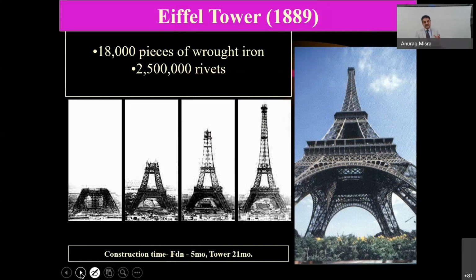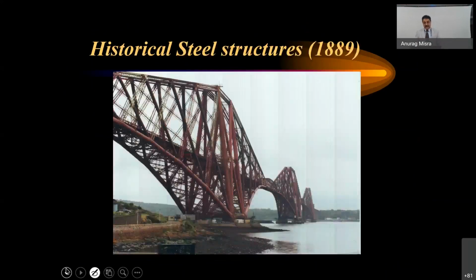So that is how the smaller components you make, so that you can easily transport them, and then you just go and assemble them in place where you could actually do that in a faster pace and more accurately.